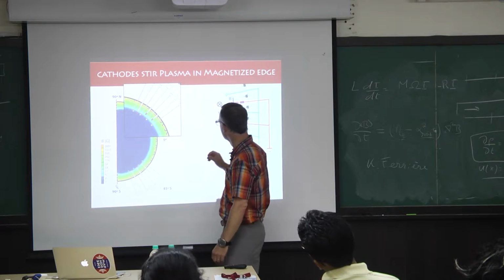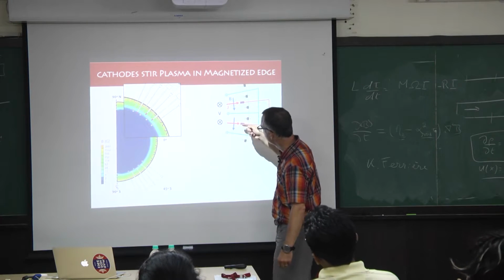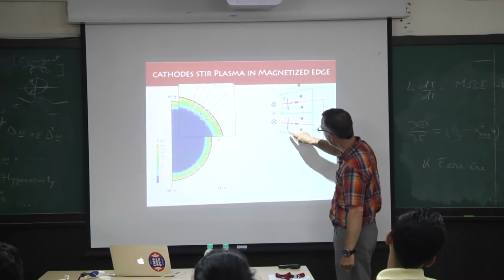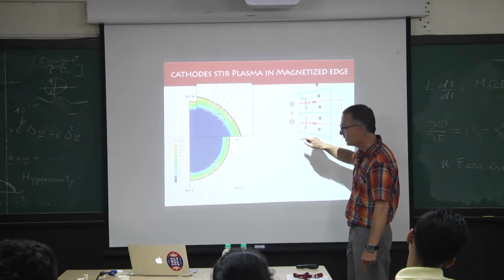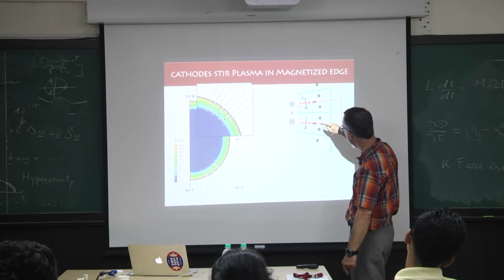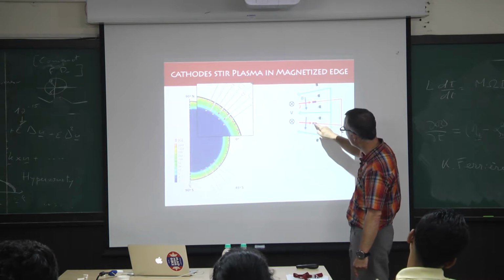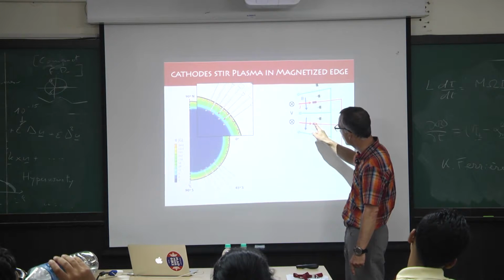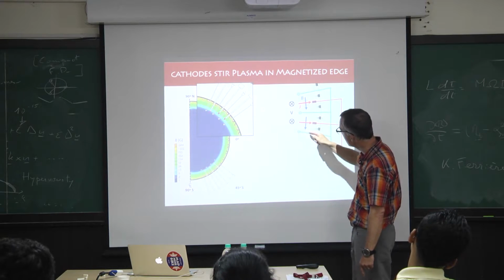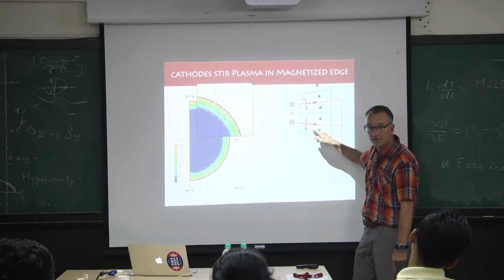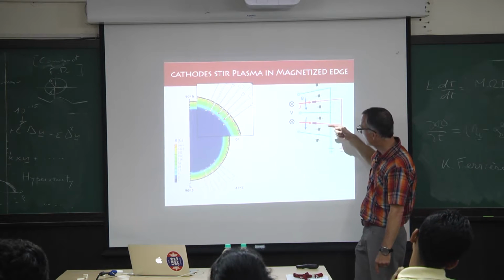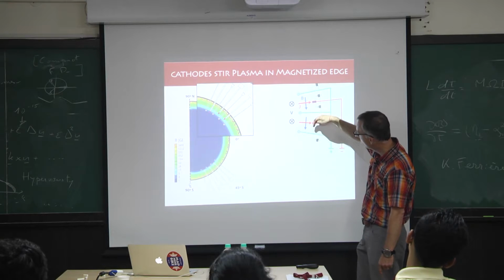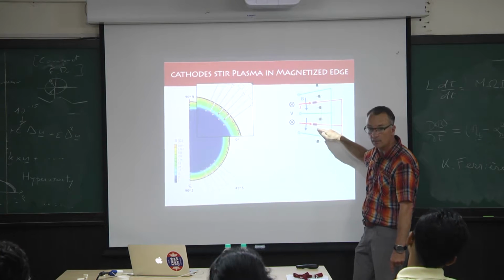And the current that's emitted from this cathode, in order to go to the anode, which is over here, so I have a power supply that is trying to drive current between here and here. I have a large voltage between this point and this point. Current's going to try to flow from here to here. In order to get there, it has to cross the magnetic field. So current is flowing radially inward and then down, or if you will, it's flowing across the field here.